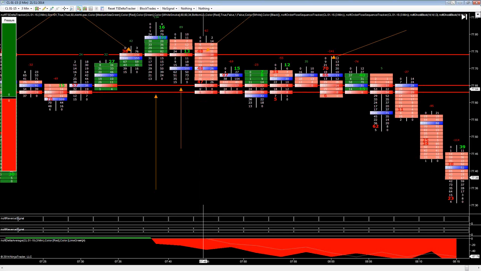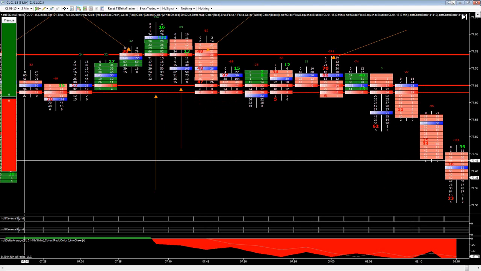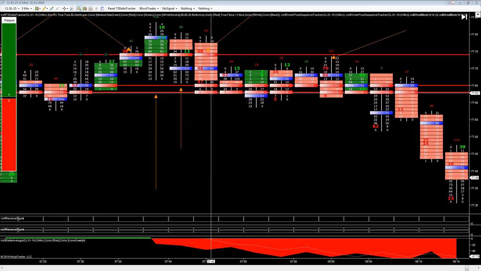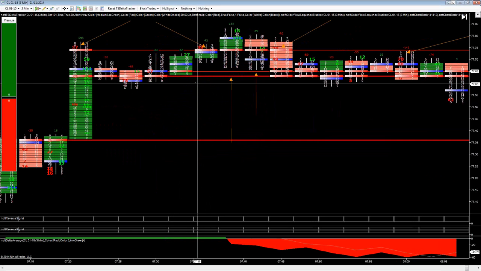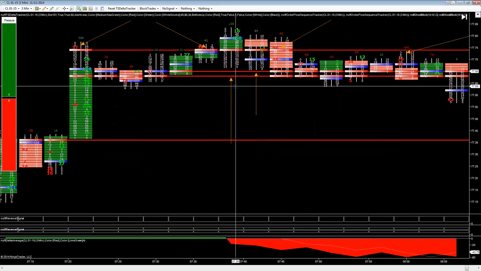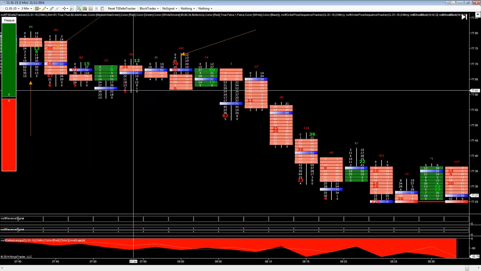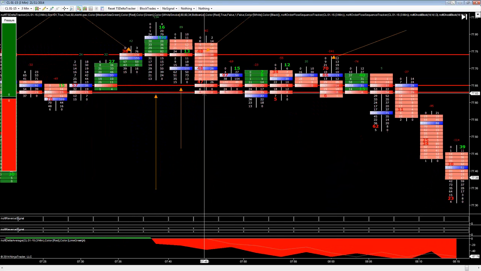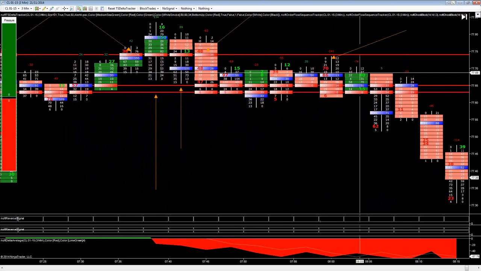Unless they're 25 contracts or more, on the crude I believe I have it set to 24, 25, the numbers are going to stay white. They're going to stay white unless there's an actual block trade in there, or an actual imbalance.